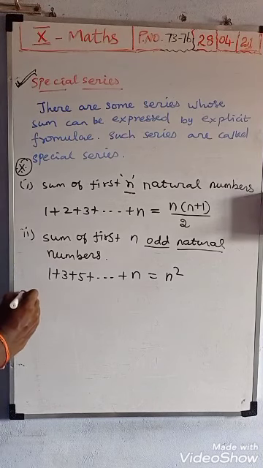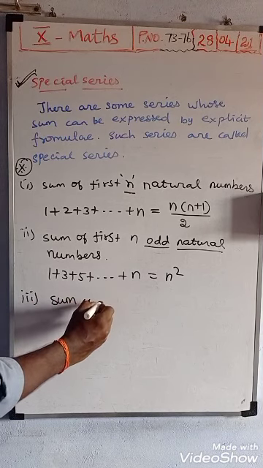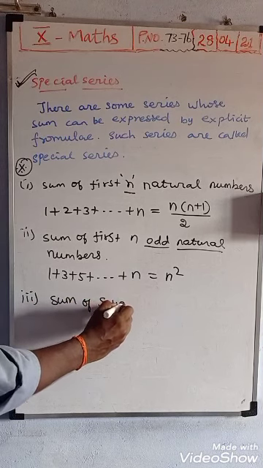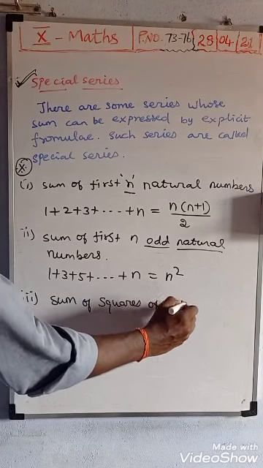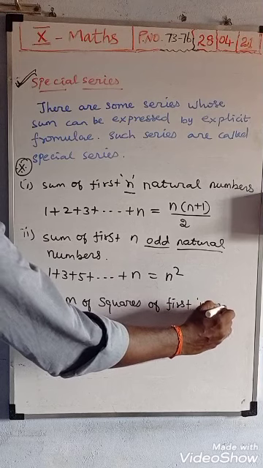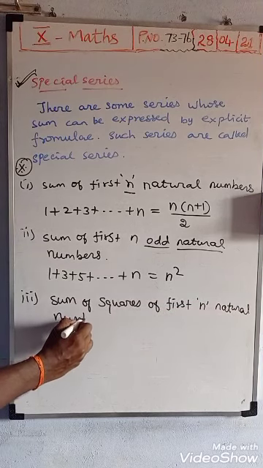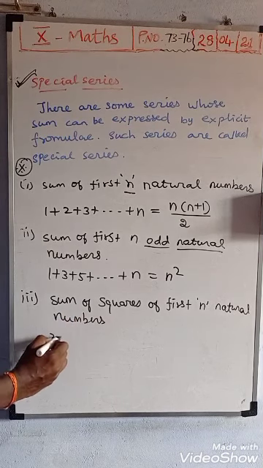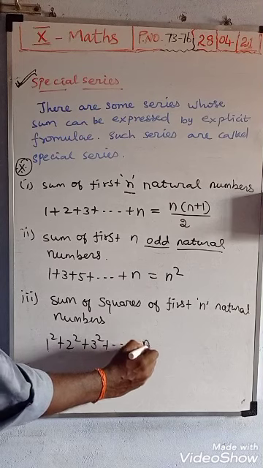Next, the third formula: sum of squares of first n natural numbers. What does that mean? 1 squared plus 2 squared plus 3 squared plus up to n squared.